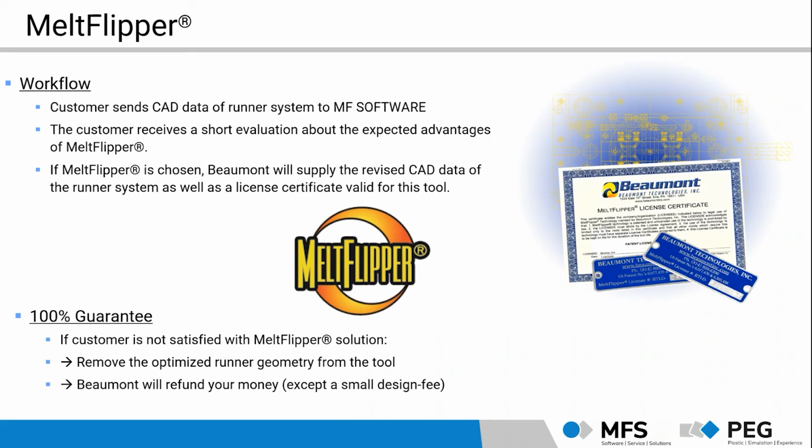So that means that Beaumont is, of course, after 30 years, really convinced about their technology, and they know that it works. And so it's no problem for them to tell you if you are not satisfied with that, just remove the geometry from your tool and you will get your money back. And I can tell you, as long as we are dealing with MeltFlipper technology, we have had no customer who has done this until now.